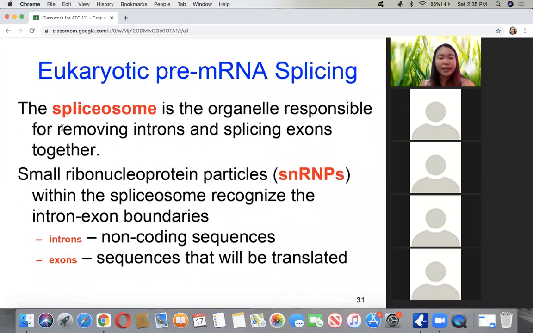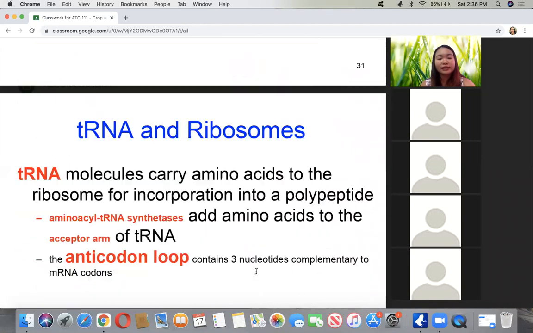In splicing, the spliceosome is the organelle responsible for removing introns and splicing exons together. The snRNPs, small ribonucleoprotein particles within the spliceosome, recognize the intron-exon boundaries. Introns are the non-coding sequences, and the exons are the sequences that will be translated.